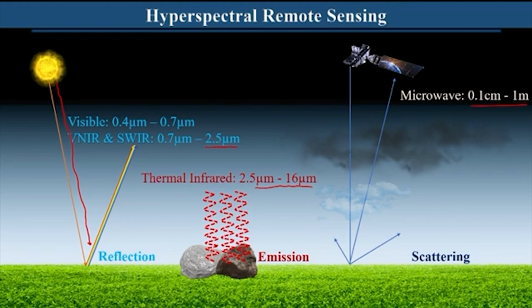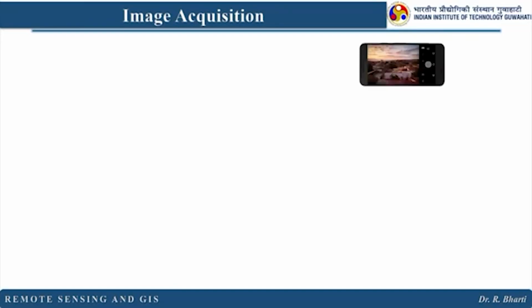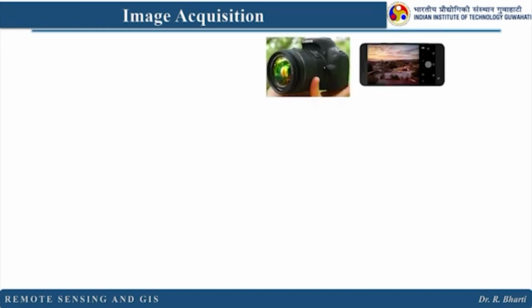So, there are three major domains where we are doing remote sensing, and we are deriving the information about the target, whether it is Earth or any other planet, but this is the fundamental of how we are capturing this energy, right. So, if you remember, in my first or second lecture, I must have mentioned that these three are the source of images, right.